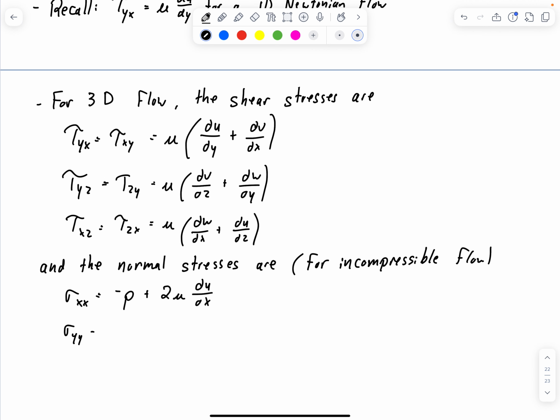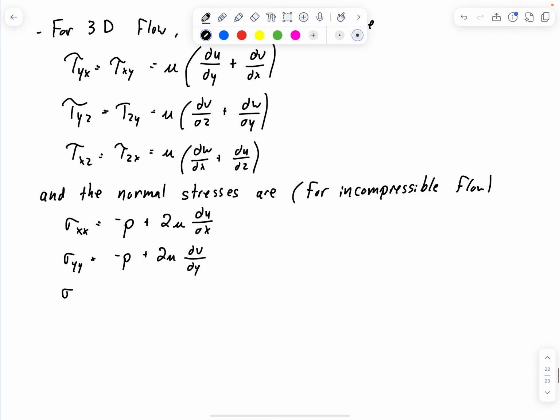Sigma yy is equal to minus p plus 2 mu del v by del y. And sigma zz is equal to minus p plus 2 mu times del w by del z. And I'll just make a note here that P is pressure.